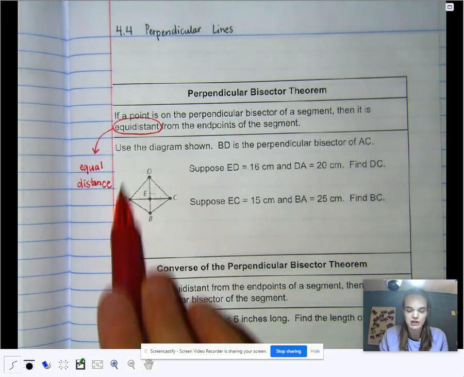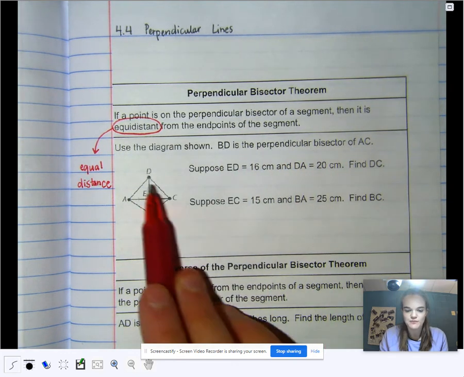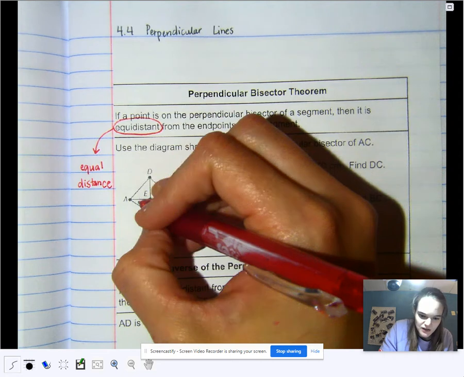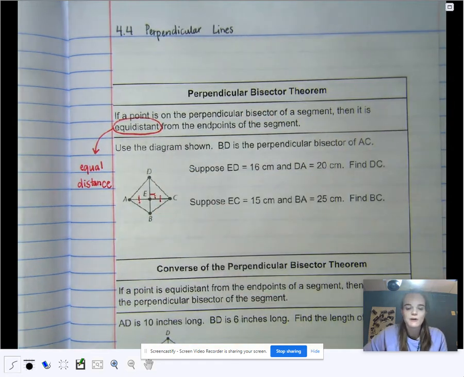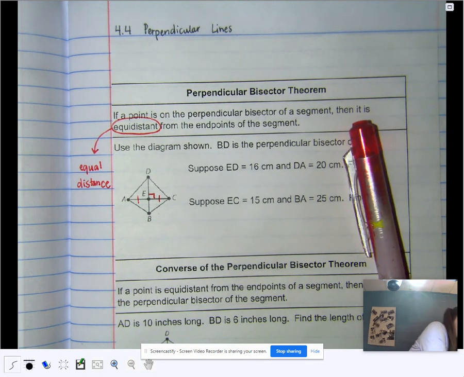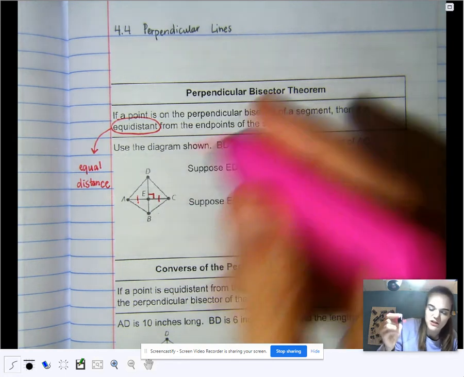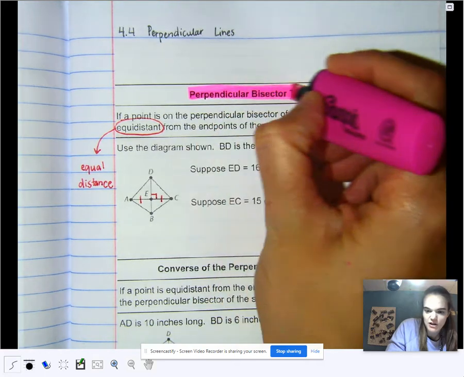Use the diagram below. BD is the perpendicular bisector of AC. So that means it cuts it into two equal pieces at a right angle. The perpendicular bisector theorem then says, and I'm going to do this in a different color so you understand where I'm getting this, this piece that I'm going to mark off is because of the perpendicular bisector theorem.